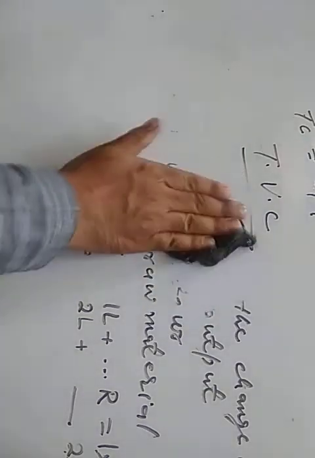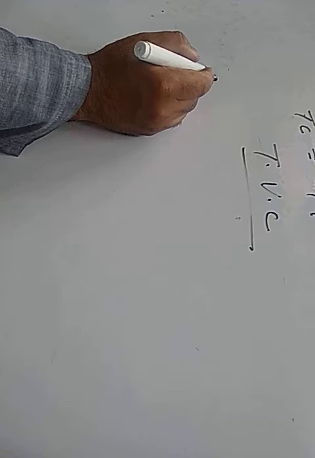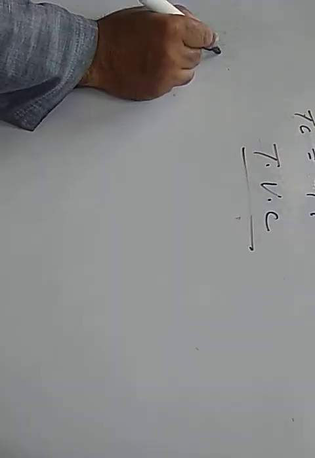And now we will show this with the help of a table and with the help of a graph. First we will show it with the help of a table.